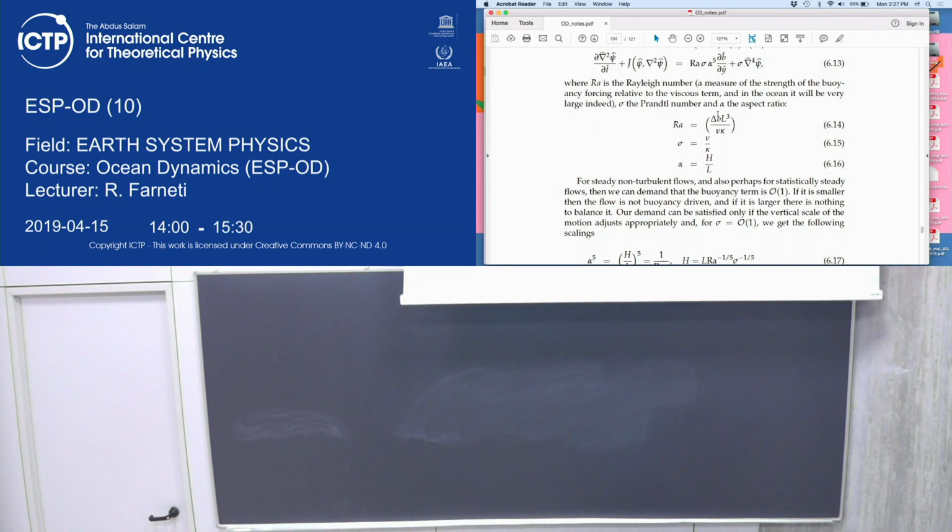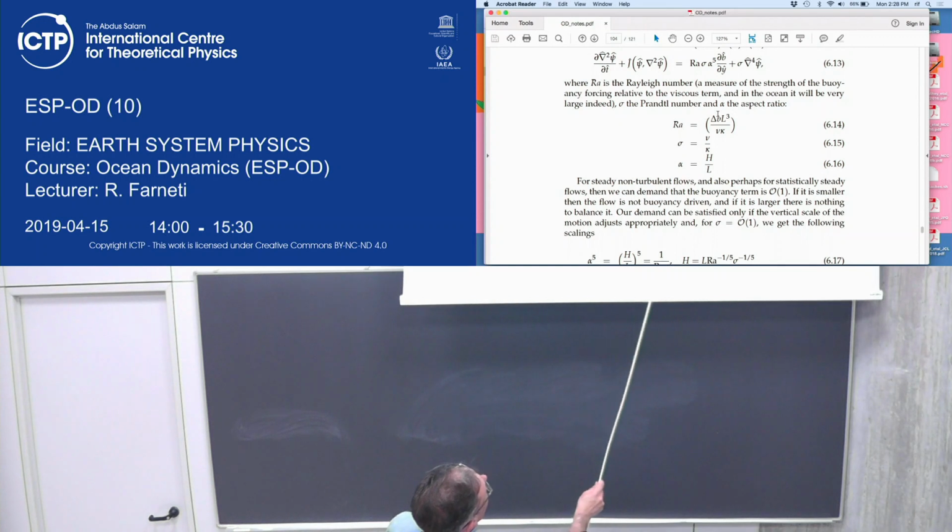If the buoyancy term is much smaller, buoyancy doesn't win against diffusivity and it's not a buoyancy-driven overturning circulation. If it is too large, it is not a steady solution because there's nothing to balance that very large term. So we make it of order 1.